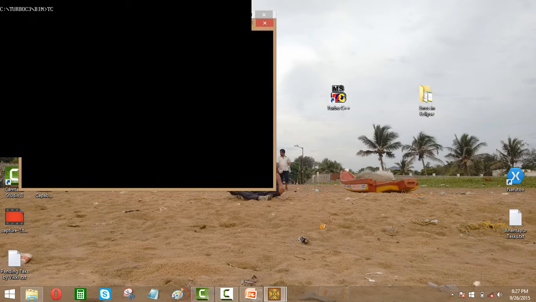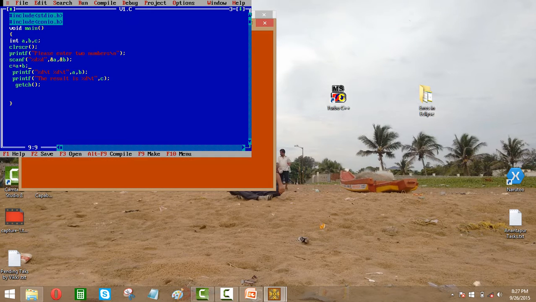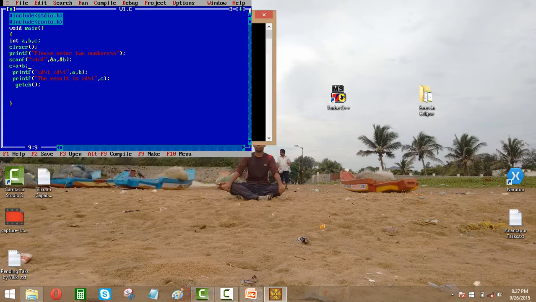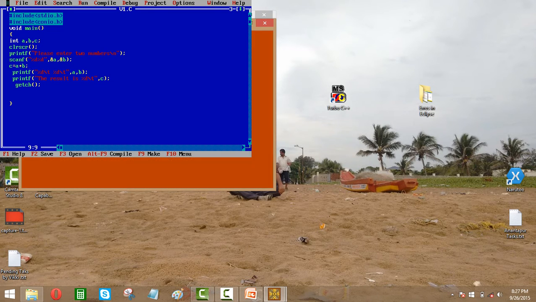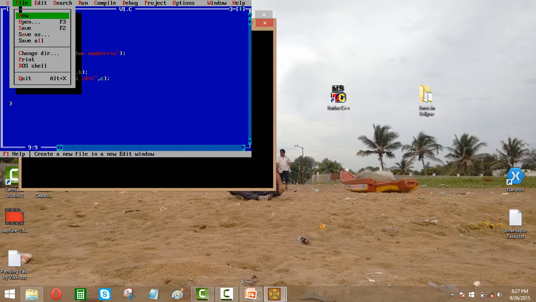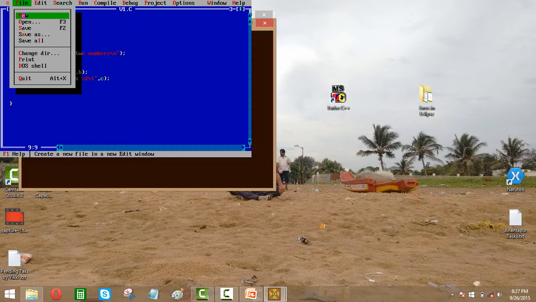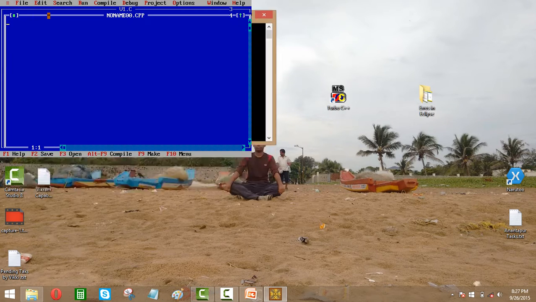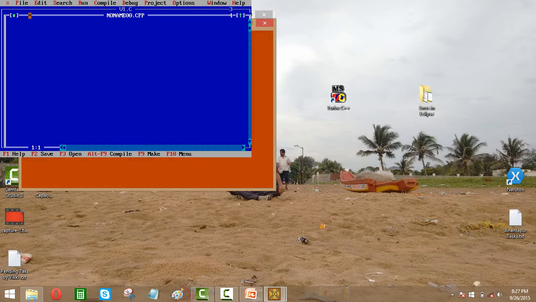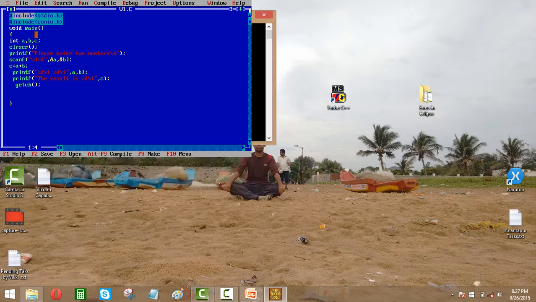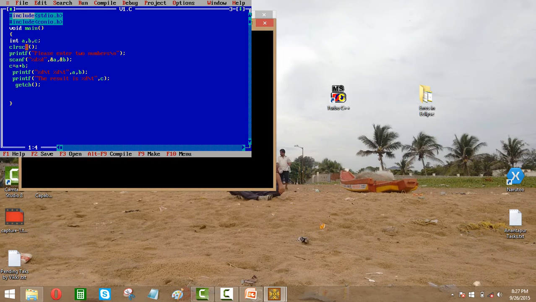Now there are so many IDEs available in the market, so you can choose any one of them to write your own programs. Most probably I prefer Turbo C++, so that it is very useful for you to do the programming at every step.